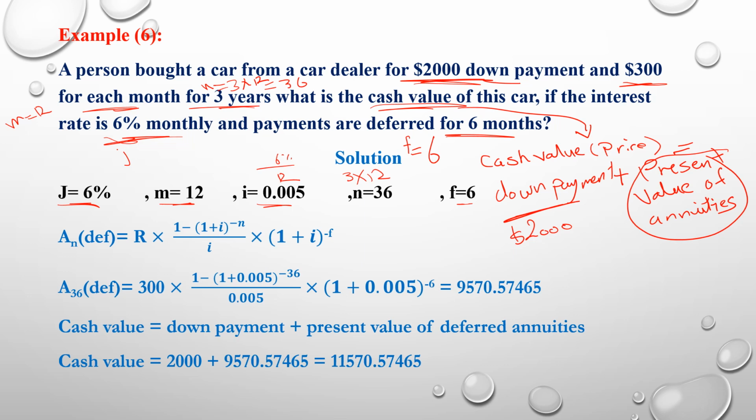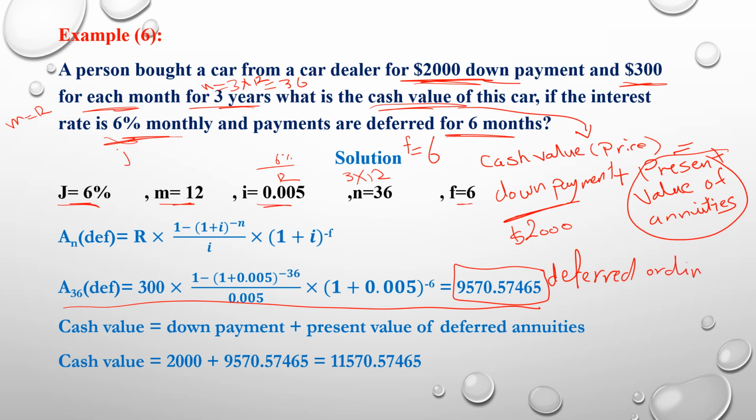The present value of the deferred ordinary annuity, A N deferred, equals R times (1 minus (1 plus I) to the power of minus N) over I, times (1 plus I) to the power of minus F. By substituting values of R, N, I, and F, we get the present value of the deferred ordinary annuities.